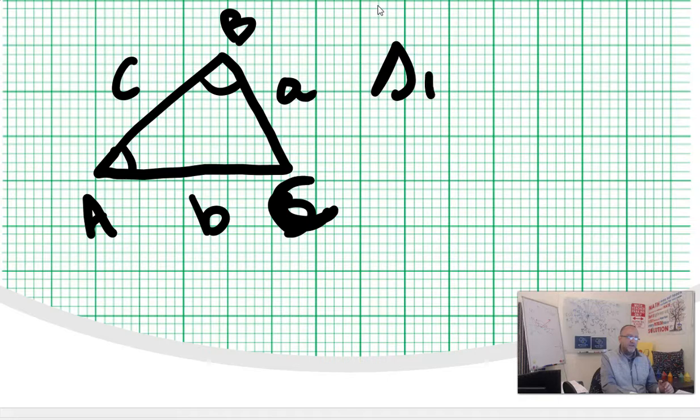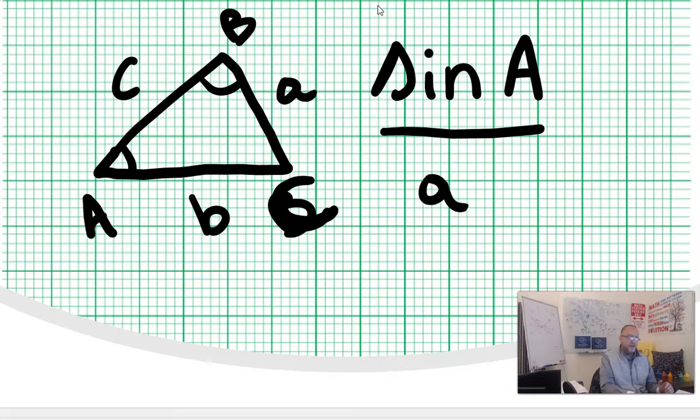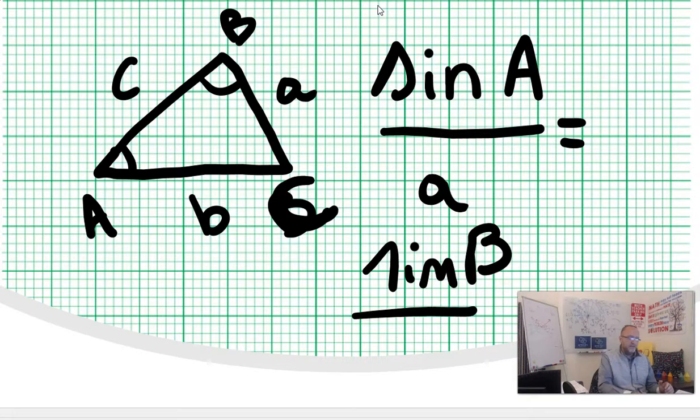The law of sines tells you sine of A divided by side A equals sine of B divided by side B, equals sine of angle C divided by side C. That's what we're going to get to. We're not going to explain it now. We will explain it after the definition, after the helicopter overview, when we really get to it.